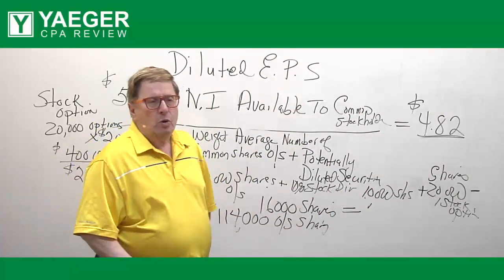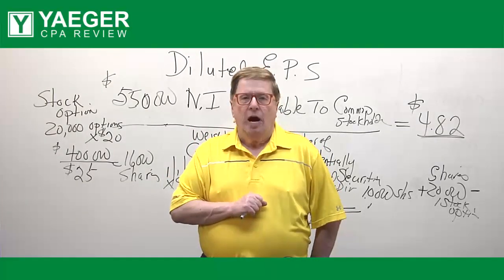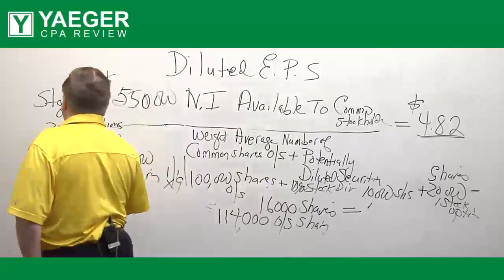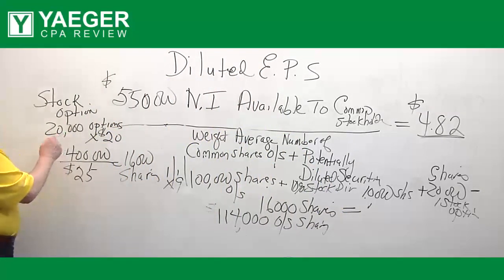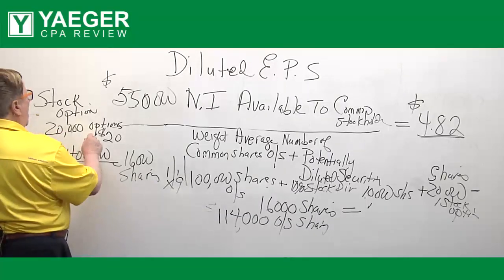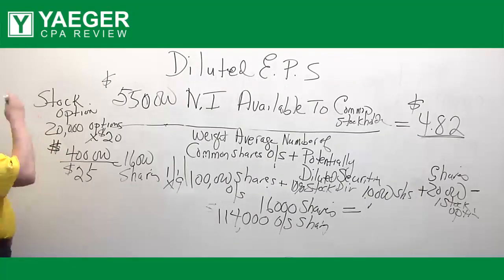Now, the next thing we do is this. Under the treasury stock method, for computing diluted earnings per share, we assume this. They exercise the stock options. There are 20,000 of them, and they're exercised at $20 per option. So the total proceeds that the company will get is $400,000.